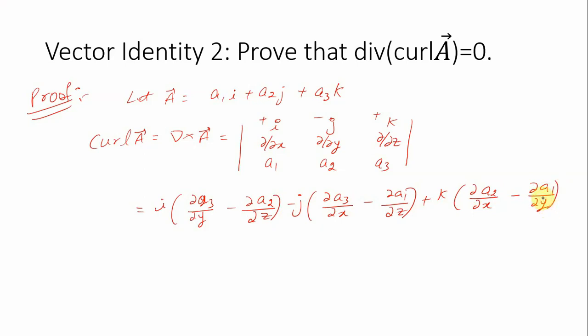So here we get i, j, k. Easily one can simplify this, friends. And now we see this is curl of A bar.